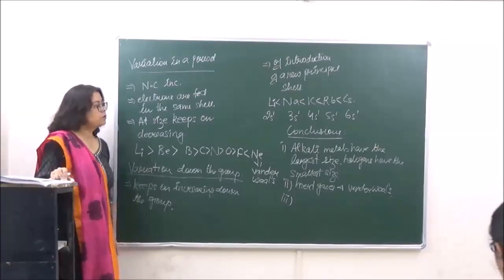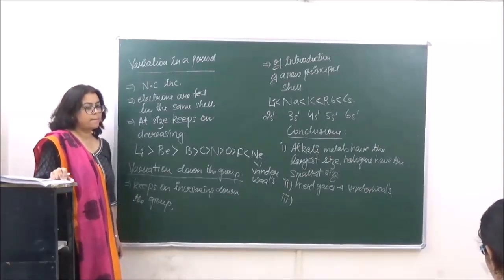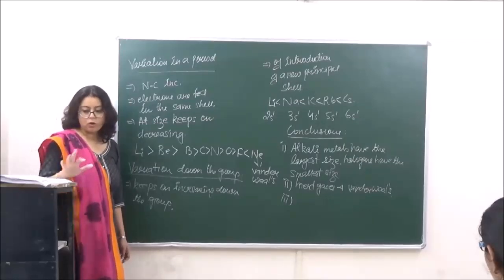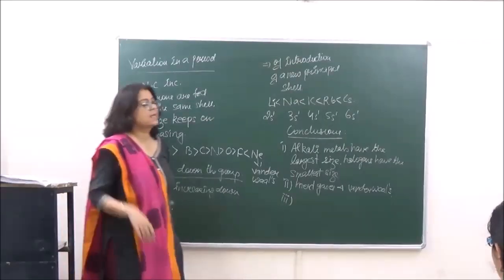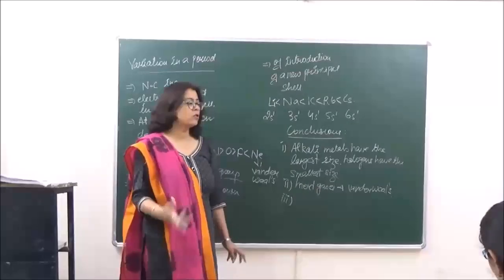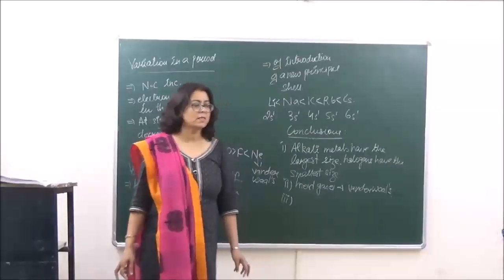Okay, so today we will do only till here, right? Tomorrow we will do the next property, that is the ionization energy and electron gain enthalpy. Two properties we will discuss in the next lecture.